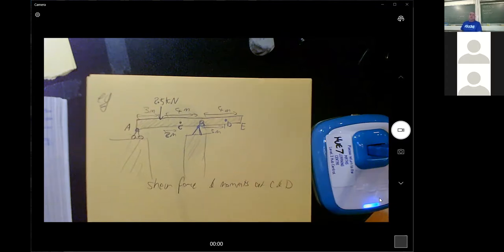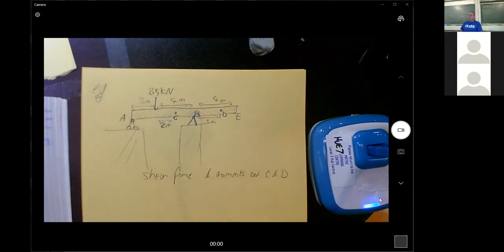I may just do one of them. Cool. This one's a little less stressful. So this being a roller means it can only produce an upwards reaction.